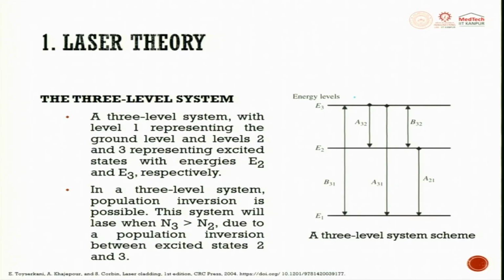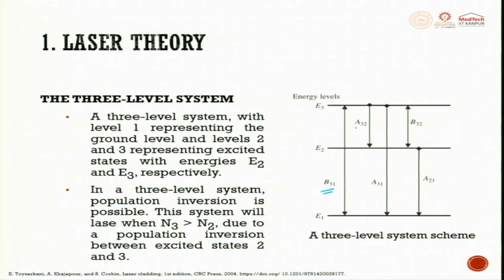As I told you, there are 3 level systems also. From E1 it goes to E2. When it gets excited, it moves from E1 to E3 directly. So E1 to E3, now you see B31 comes into existence. From here to here it goes, and then from here to here it comes, it is the B31. Generally what happens, from E1 to E3 it goes, then it tries to fall to a level called E2 and stays there for some time.